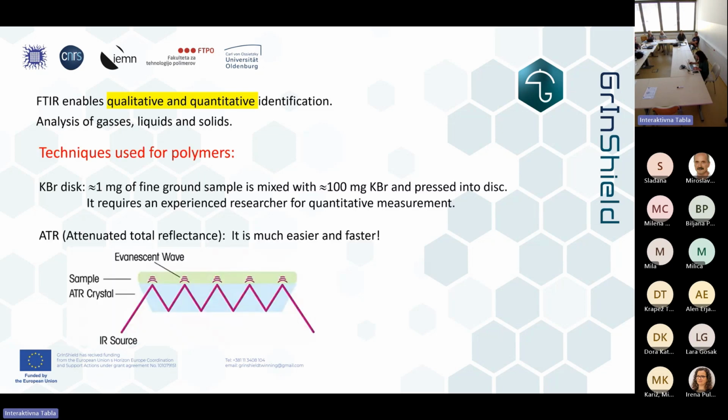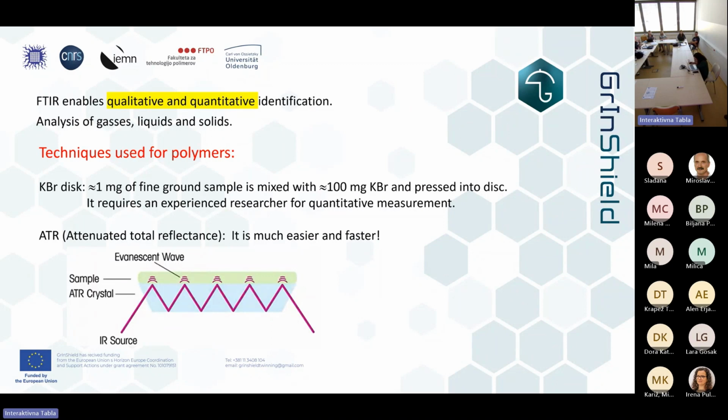It's also quite important. There are two techniques mostly used for making FTIR spectra. One is the potassium bromide disc. So we take approximately 1 milligram of the sample, grind and mix it with 100 milligrams of potassium bromide, and then we press it into a disc.